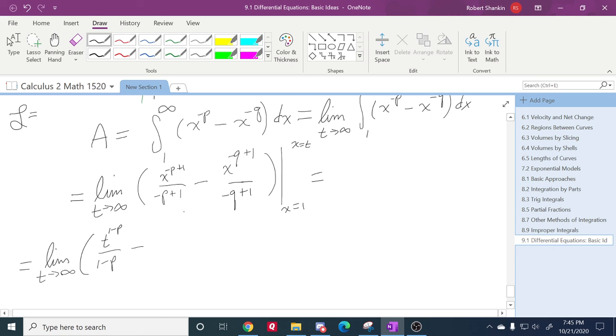Minus, I'm going to put t in here, I'm going to get t to the 1 minus q over 1 minus q. That's what I got when I substituted t in.